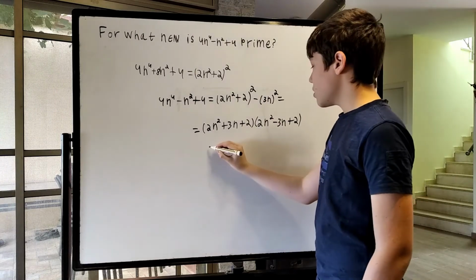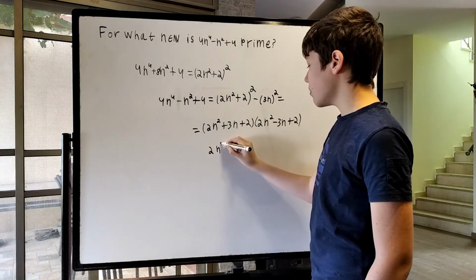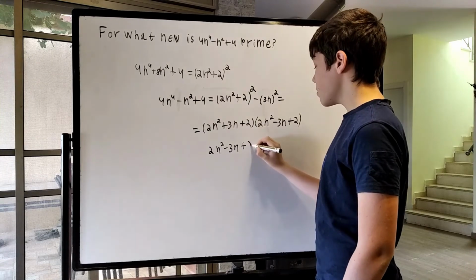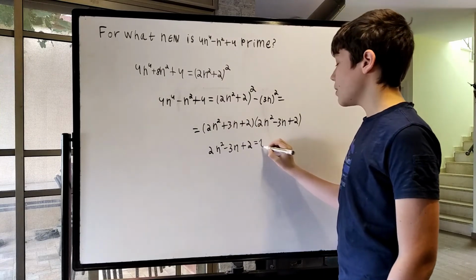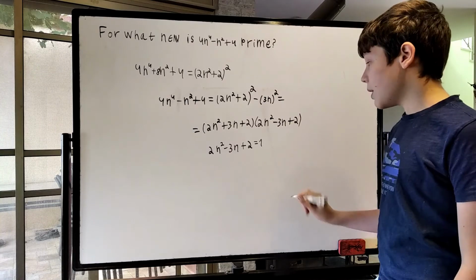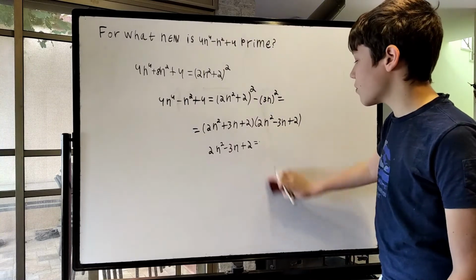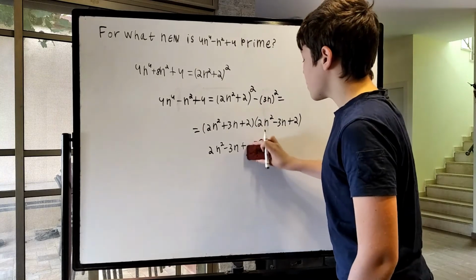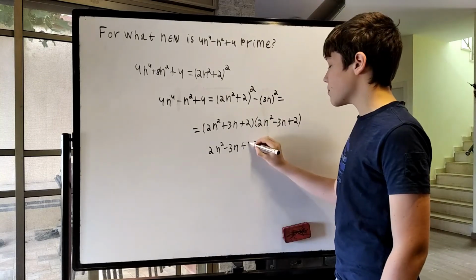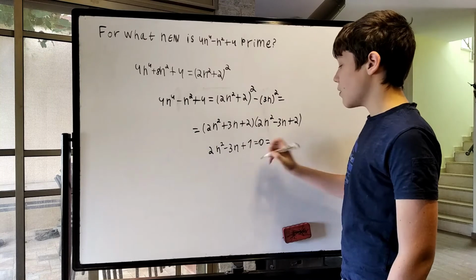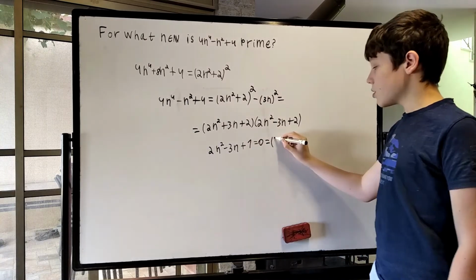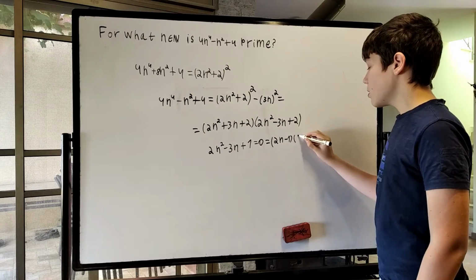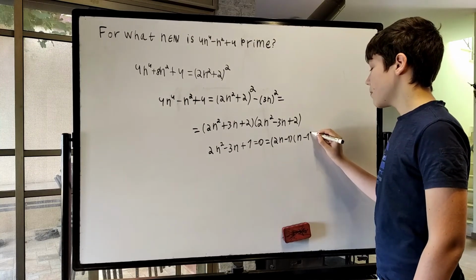Now, 2n squared minus 3n plus 2, we want this to equal 1. Now we simply subtract 1 from both sides. This becomes a 0, this 1 becomes a 0, and this 2 becomes a 1. Now we can factor this to get that this is 2n minus 1 times n minus 1.